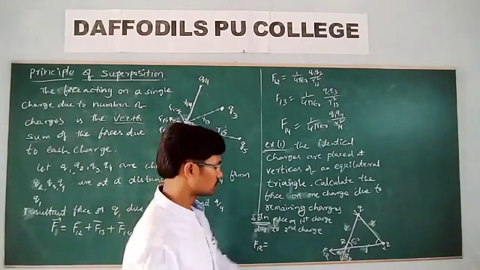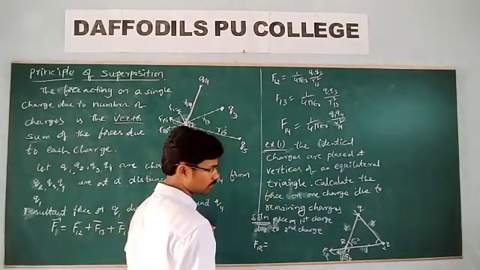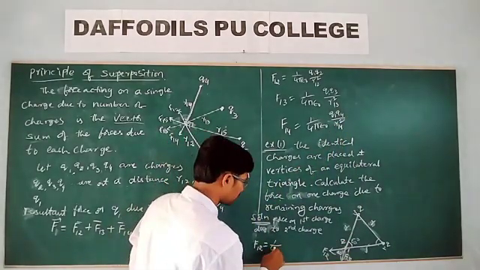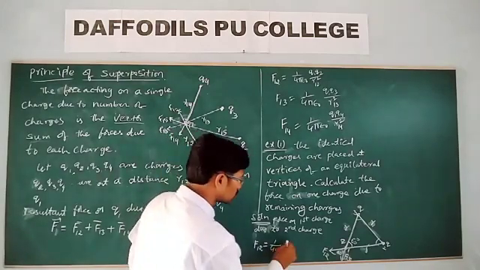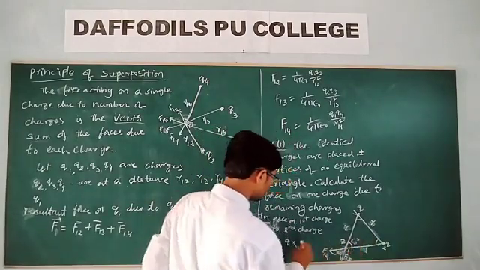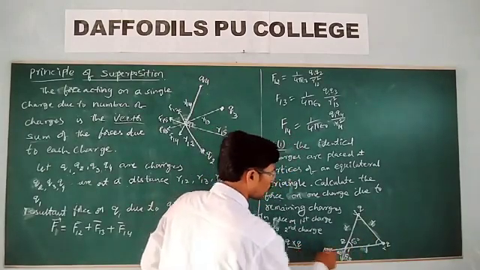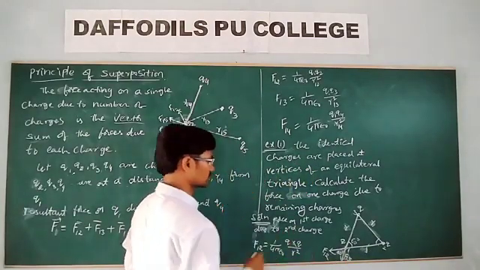F12 is equal to, tell me what the value is, 1 by 4 pi epsilon naught Q into Q by the separation between these two charges, R square.